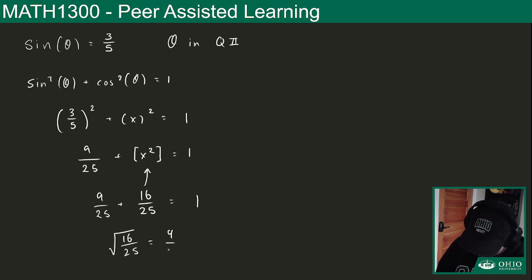Now, the one thing we need to make sure that we check is, remember, our theta is in quadrant 2, so we're lying in this quadrant right here. That has a positive y, but a negative x.